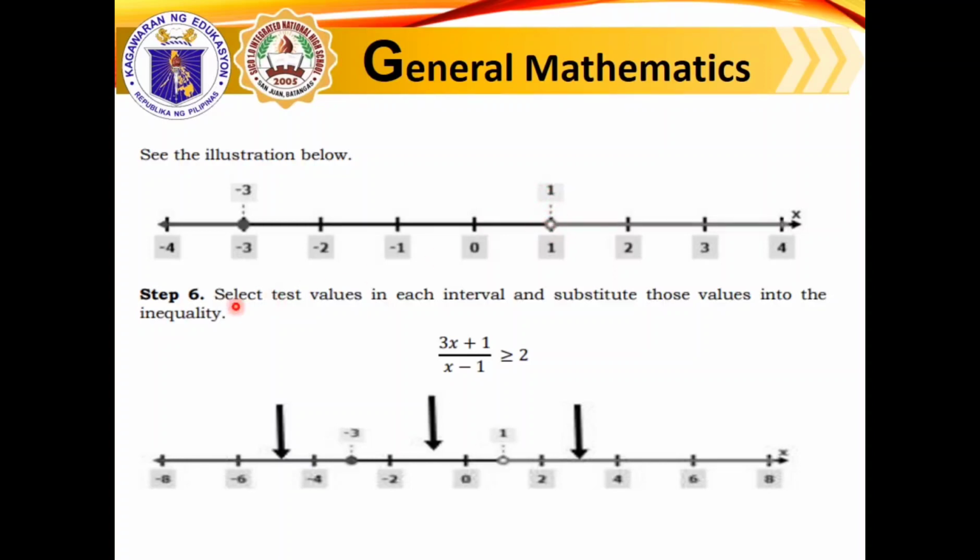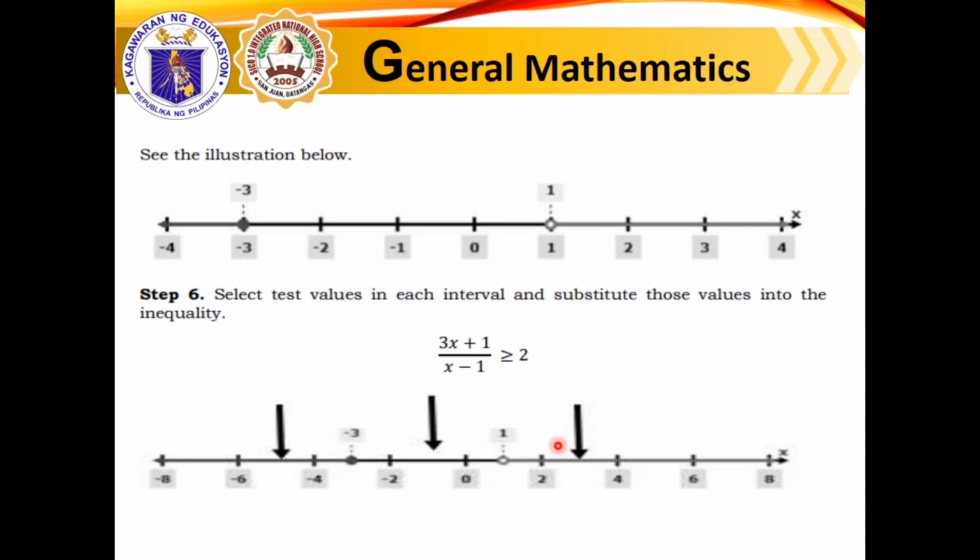Step 6: select test values in each interval and substitute those values into the inequality. So the original inequality is 3x plus 1 all over x minus 1 greater than or equal to 2. In selecting test values, you can apply any number, which we will test later. In this case, the values are -5, -1, and +3.